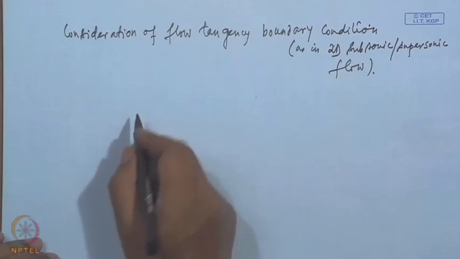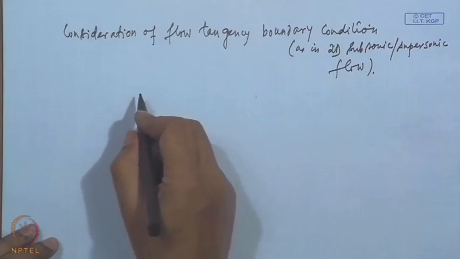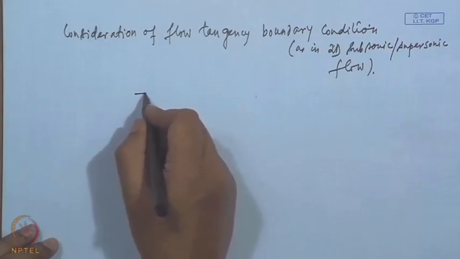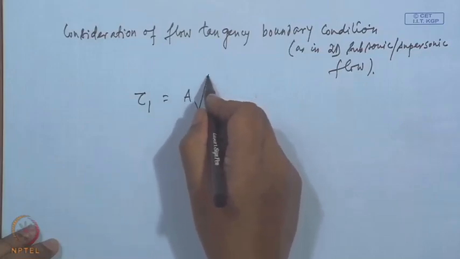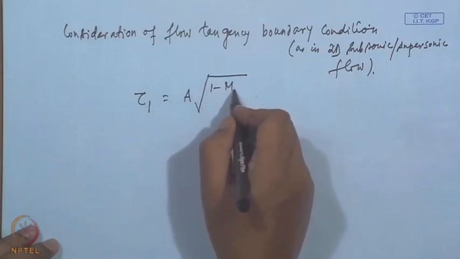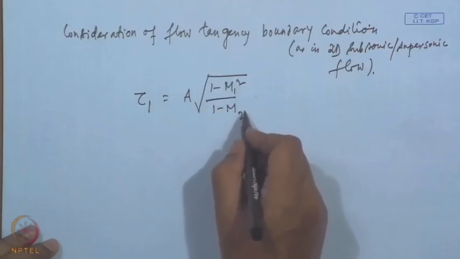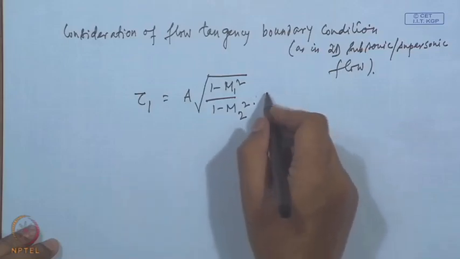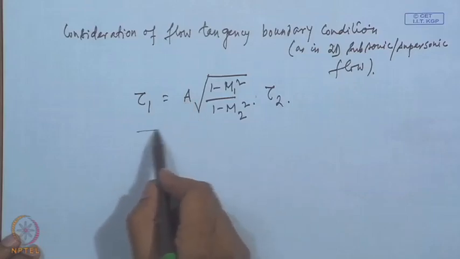will again give us that tau 1 equal to A into root over 1 minus M1 square by 1 minus M2 square into tau 2. Which happens to be the same relation, but the A is no longer arbitrary.